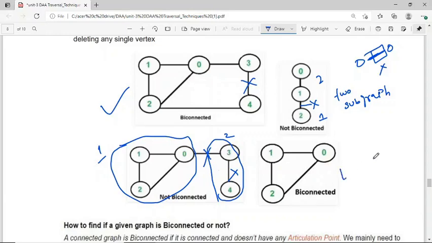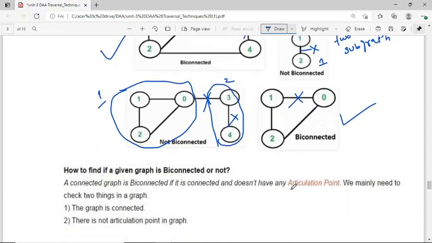Here, it is a biconnected graph. How? If I remove this, it is not dividing any subgroup. 1 2 0. Okay. If I remove this also, then the graph is still a single connected graph. So it does not have any articulation point. An articulation point means if you remove it, the graph will become separate groups, two or more.